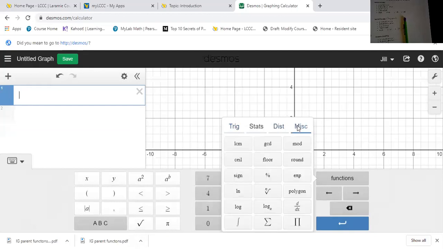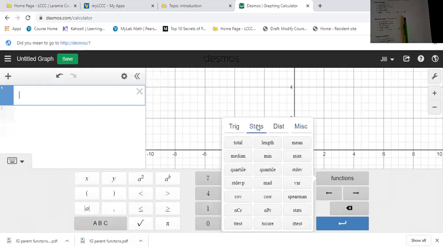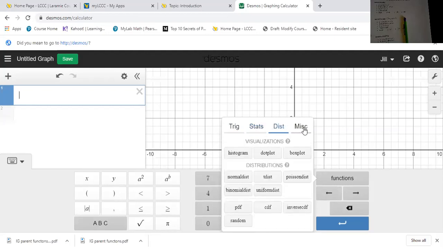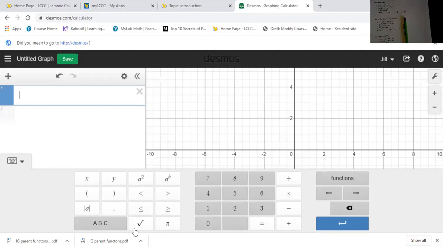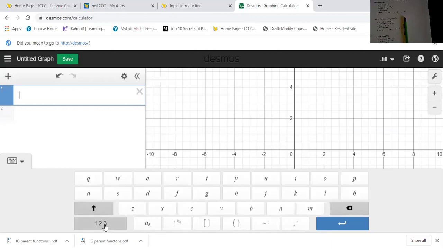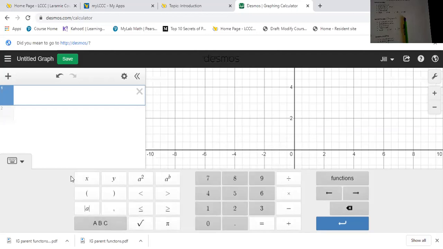Might be under, let me find it. I guess I should have done this ahead of time. I thought I knew where it was. Okay. Let's see. For some reason, I can't remember where the absolute value is.